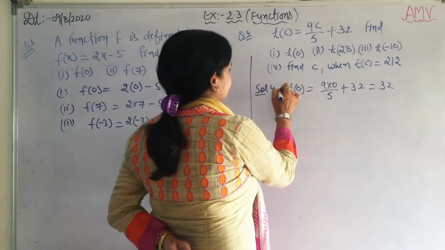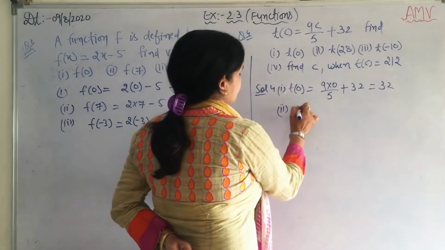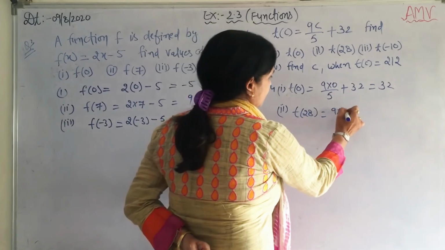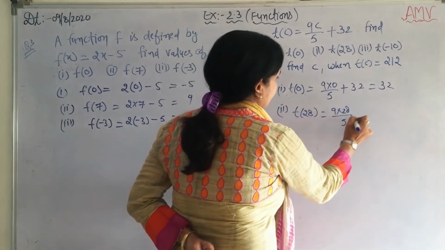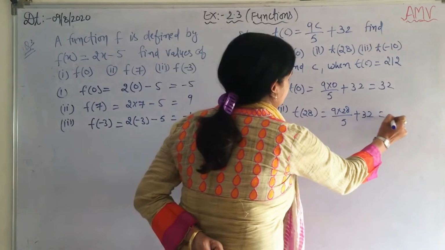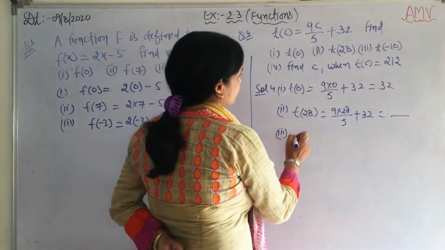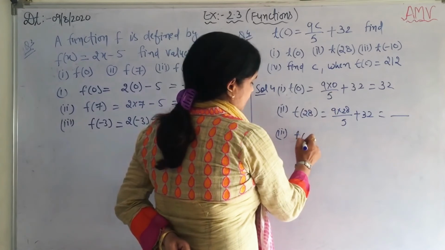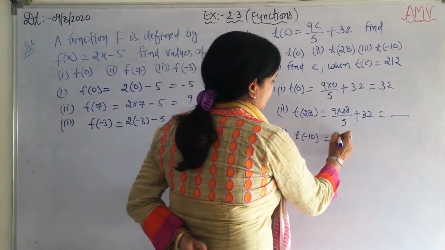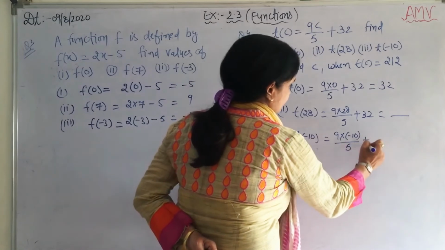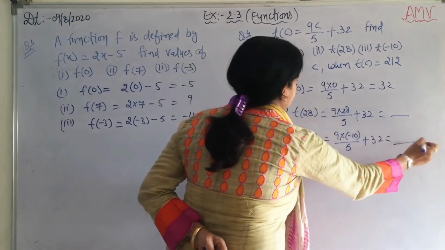Second, T(28), 9 into 28 by 5 plus 32. Now you solve it. Third part, T(minus 10). So 9 into minus 10 by 5 plus 32. Calculate it.